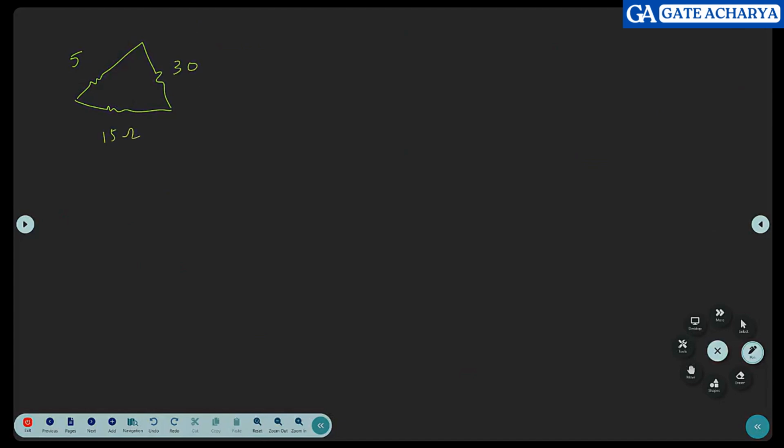What will this be? These three resistances, can you find them?